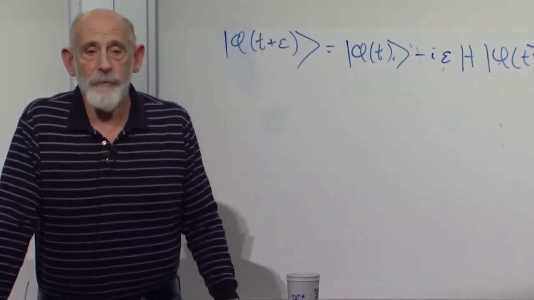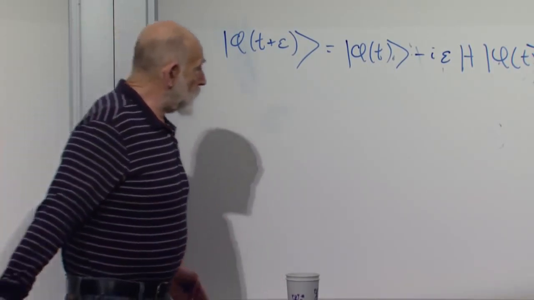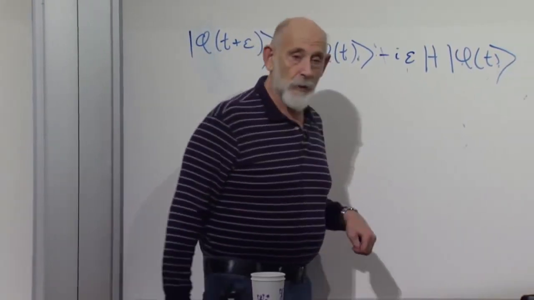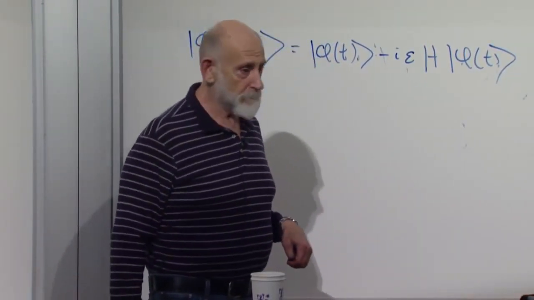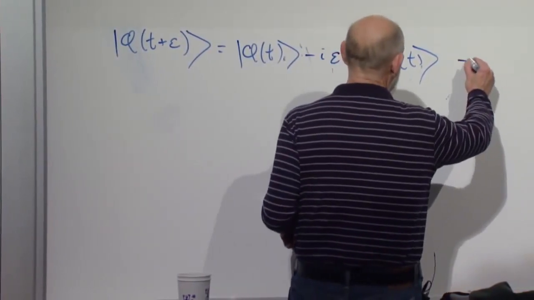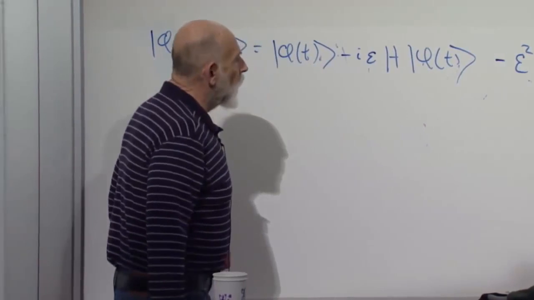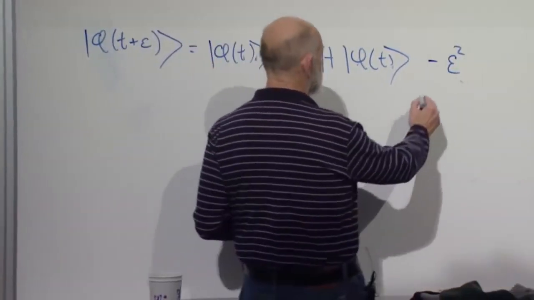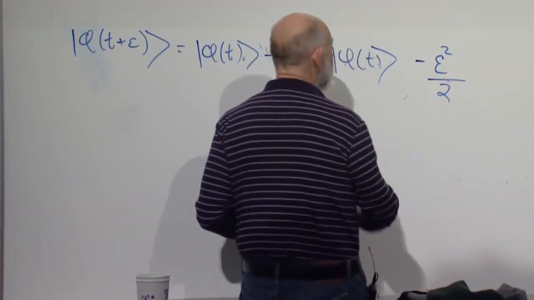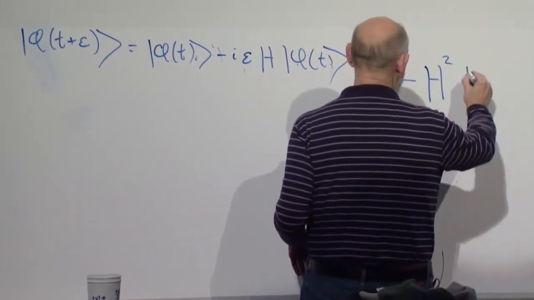What would happen if I made epsilon a little bit bigger? Well, there would be a next term which would be order epsilon squared. Do you know what it would be? It would be minus epsilon squared over 2 times H squared phi.